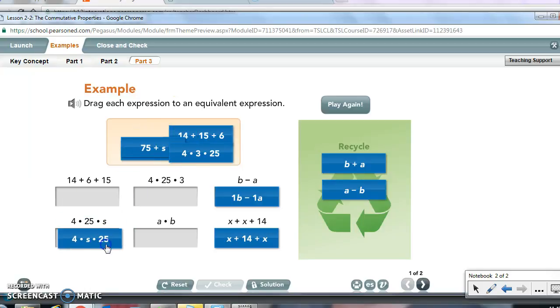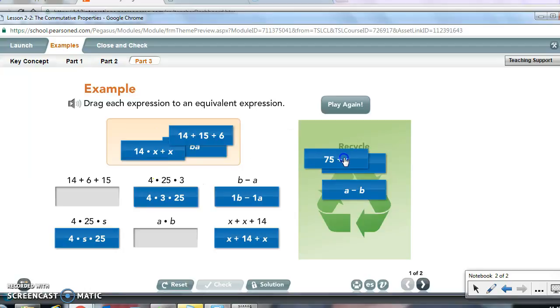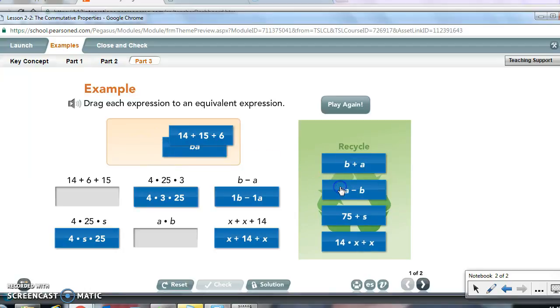Well, yep, right here. 75 plus s, recycler. 14 times x, recycler. Okay, 14 plus 15 plus 6, well, right over here. And then a times b is the same as b times a.